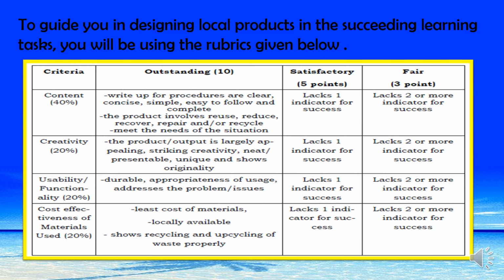And you will get 3 points, or fair, if it lacks two or more indicators for success for the content, and for creativity lacks two or more indicators, and for usability or functionality lacks two or more indicators, and cost effectiveness of materials used lacks two or more indicators for success.